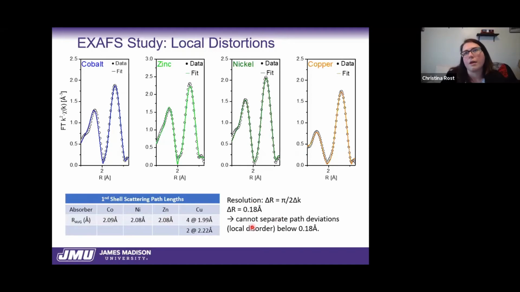The reason for that was our resolution limit. Based on how far we went out in k-space, we could only resolve above 0.18 angstroms, so we can't separate path deviations below 0.18. Now, this proposes a bit of a problem. We can make some assumptions here: how is it that we have such a distortion in the copper oxide octahedra versus a globally cubic system?